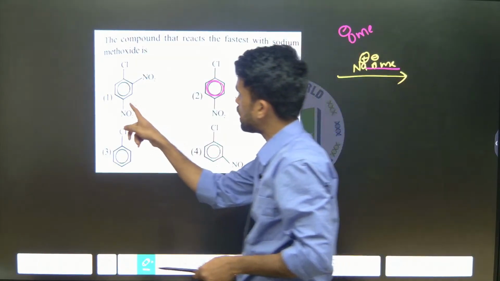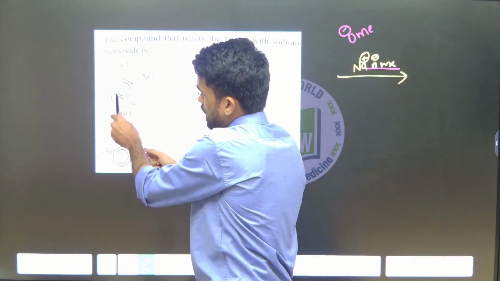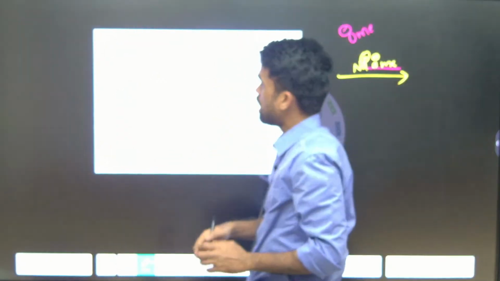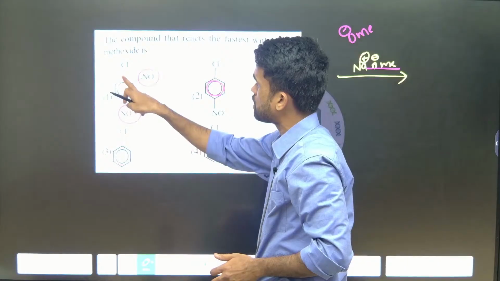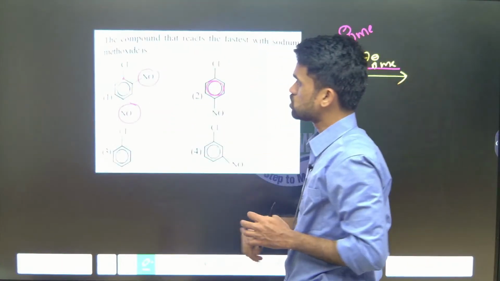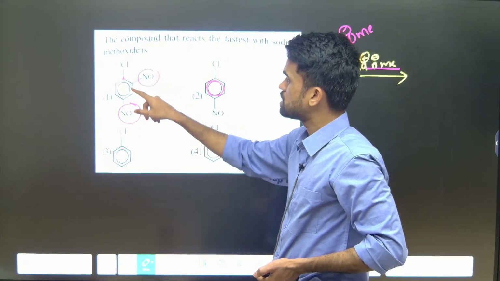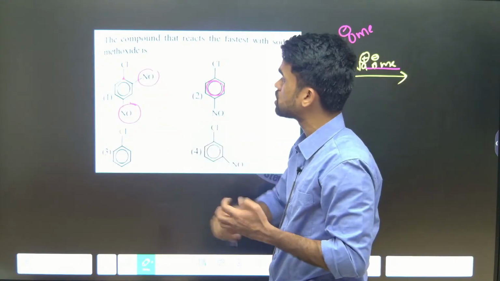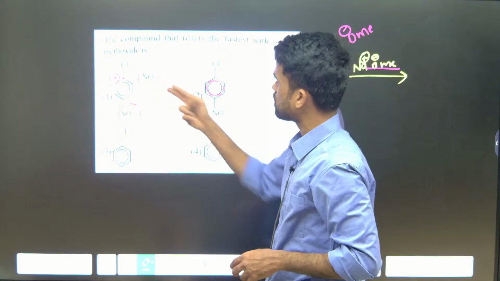Here we have two electron withdrawing groups, so they will strongly drag the pi electrons of the benzene ring towards themselves and create a positive charge on this chlorine carbon, because this is para to chlorine and this is ortho with respect to chlorine. Electron withdrawing groups decrease electron density at ortho and para positions. So more positive charge will be seen here, because two electron withdrawing groups are there.